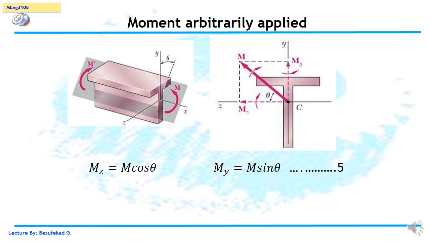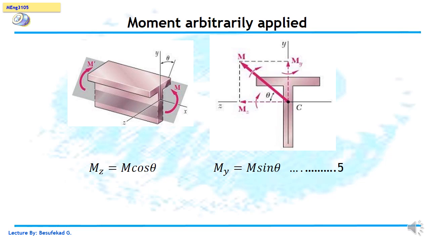How is stress created due to couple Mz? Well, Mz divided by Iz. This is the moment of inertia about the z axis. And this should be multiplied by the distance of the point from the axis, meaning it is y.